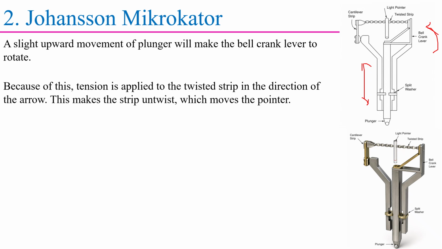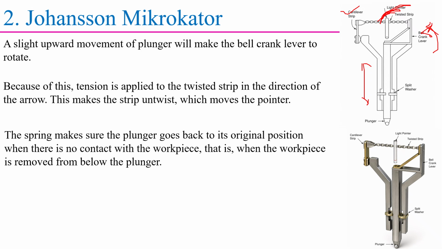Because of this, tension is applied to the twisted strip in the direction of the arrow. This makes the strip untwist, which moves the pointer. So this rotary motion causes the twisting of the twisted strip, and due to this, the pointer rotates through a big circle.